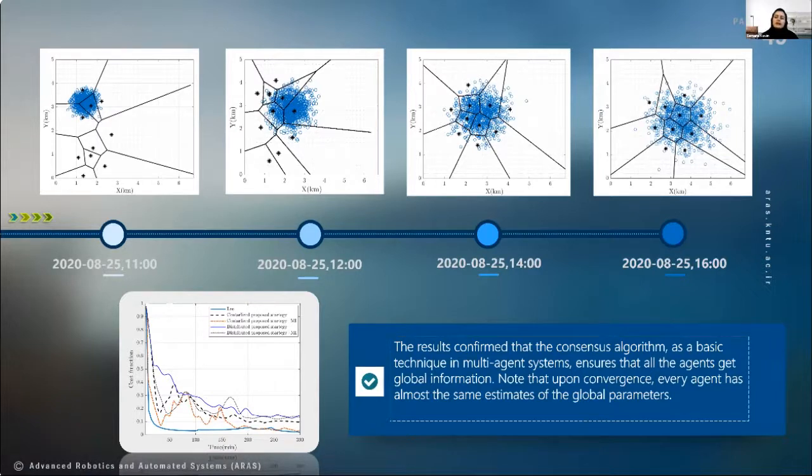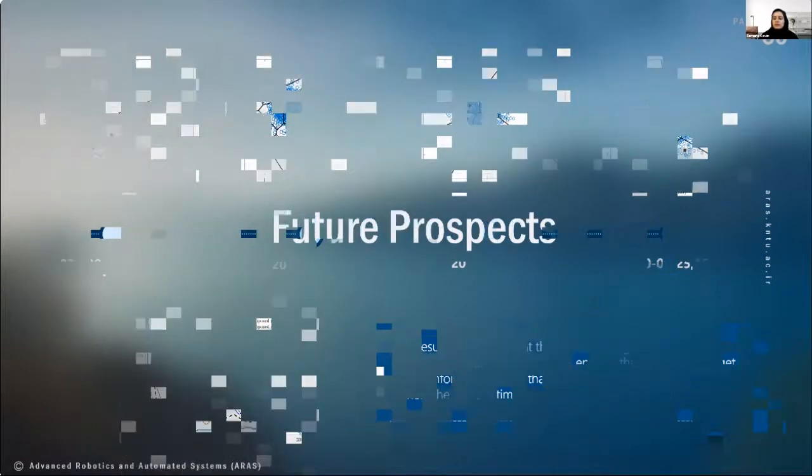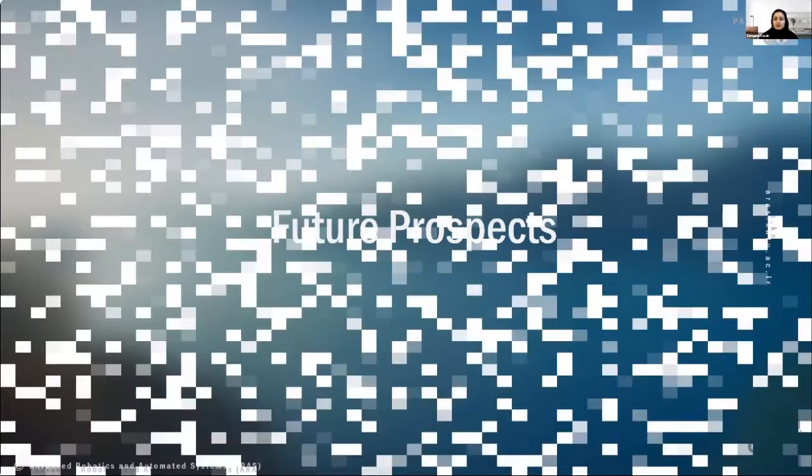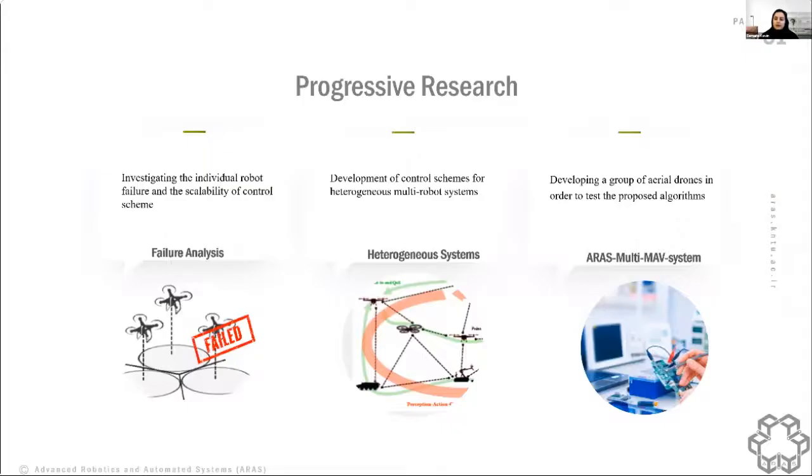The last part of this presentation is some future prospects. What I can say is we are in the first steps of this research, and there are a lot of steps still remaining, both in terms of theory and application.